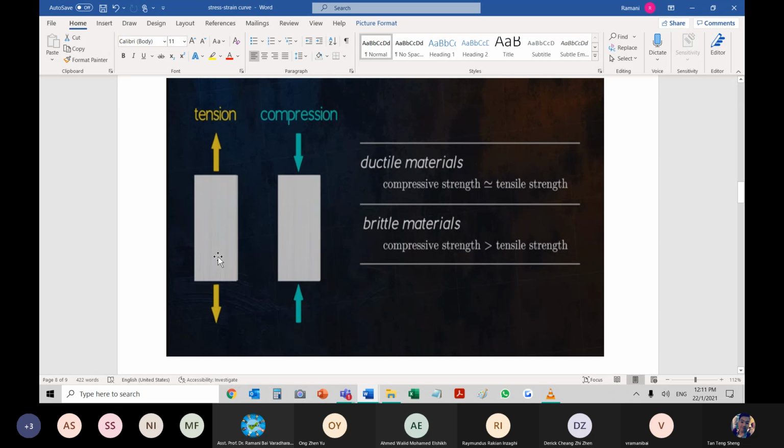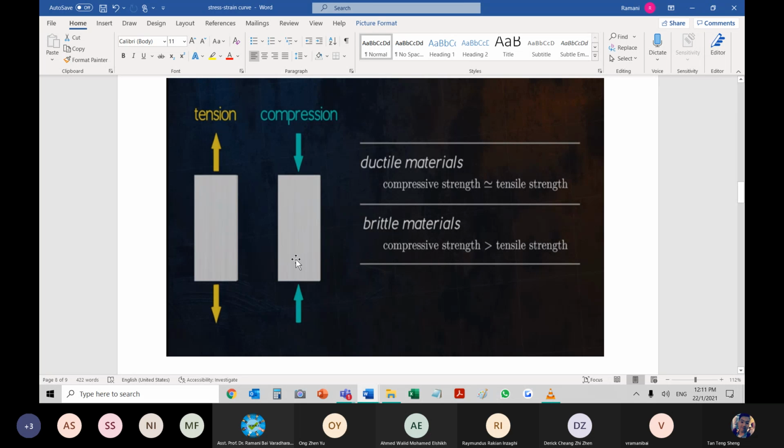They can be elongated to some extent. For a given loading, it will get elongated, and for a given loading, it will get shortened. They show almost similar behavior in tension and compression in ductile members. But in brittle members, the compression and tension behavior will be different.